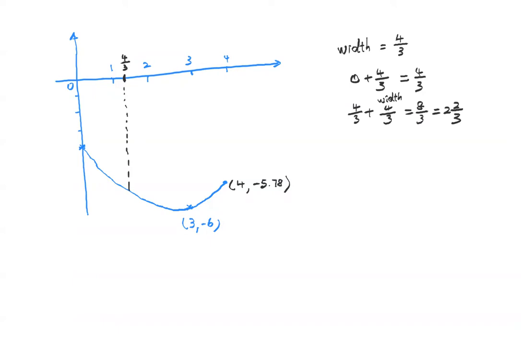So 2 is here, 2 and 2/3 is here. That is my second rectangle. And the fourth line will be here. Am I right? So this will be 1 width, 2, 3.